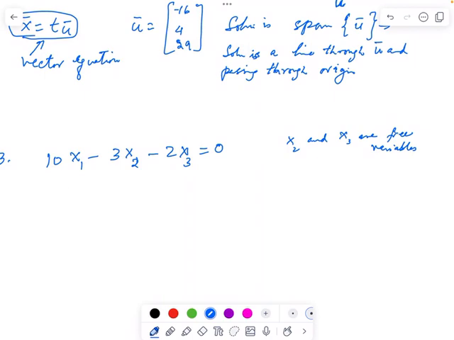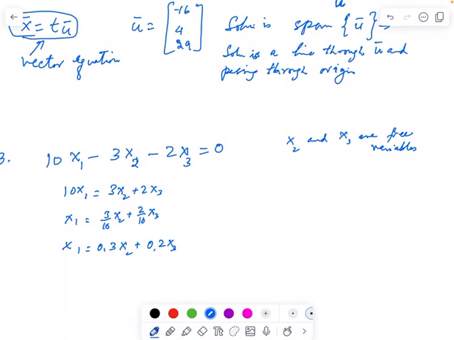Now I can write that 10x1 equals 3x2 plus 2x3, which gives me that x1 is equal to 3 over 10 x2 plus 2 over 10 x3, or x1 is equal to 0.3 x2 plus 0.2 x3.